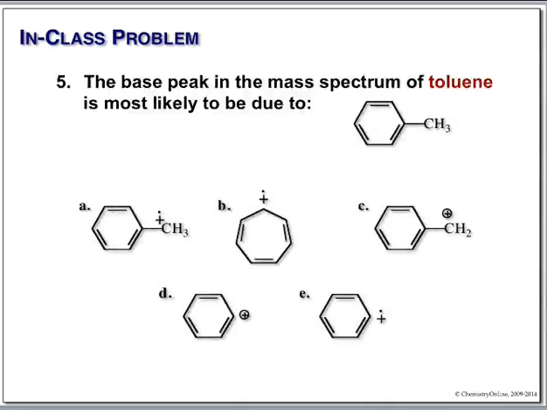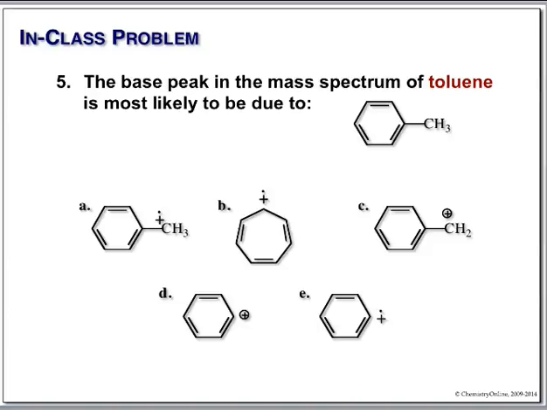If we lose a hydrogen off of this, we would form the benzyl carbocation. So that's reasonable. The phenyl carbocation is not, because that's very unstable. And the phenyl radical cation is really no more stable than this guy.